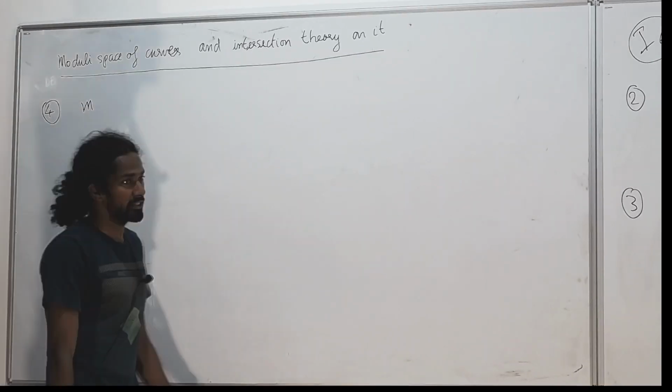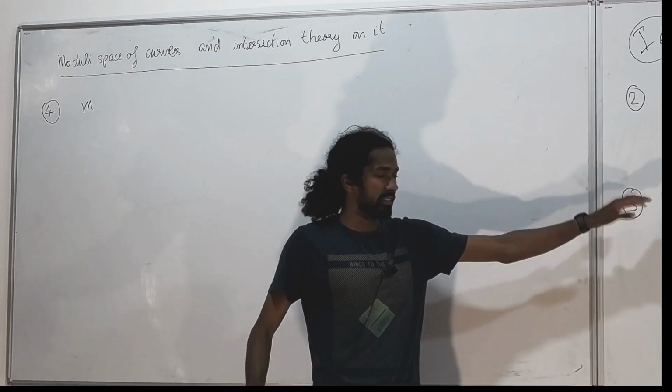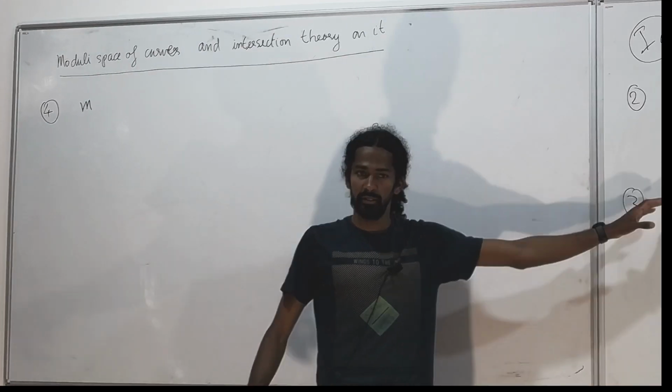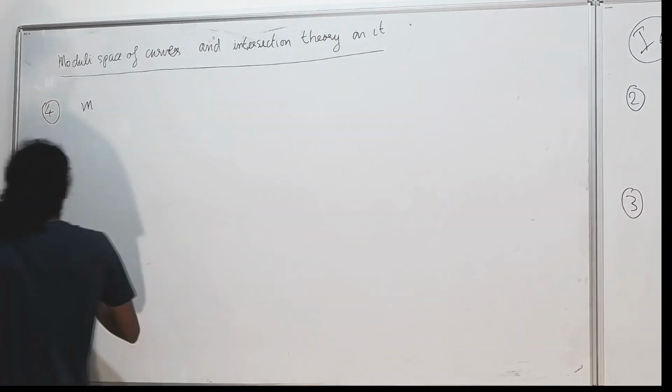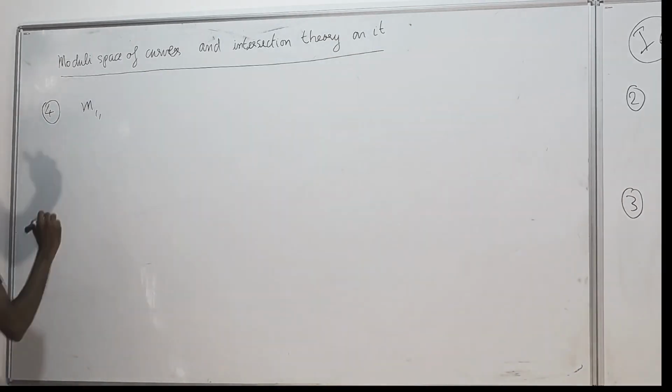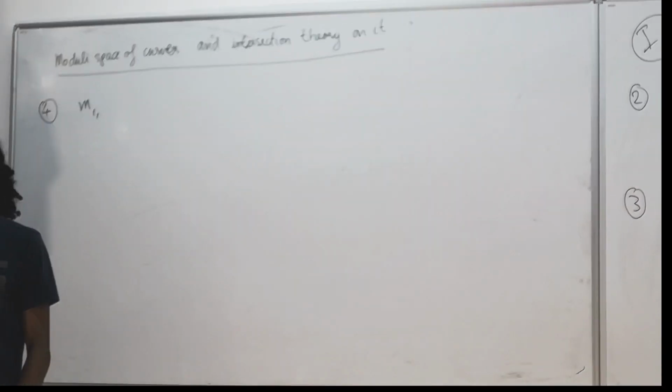Maybe I just say that nothing more interesting is going to happen in genus 0. This is pretty much all that's going to happen, all the way down. So let's go to genus 1. In genus 1, remember that we have to fix 1 marked point. Genus 1 with 0 points is not good.